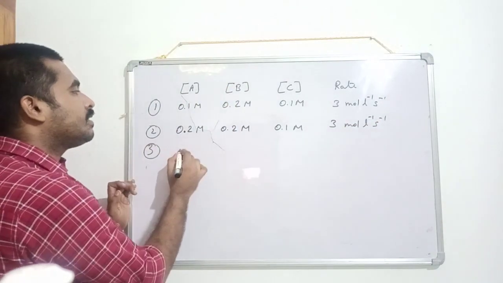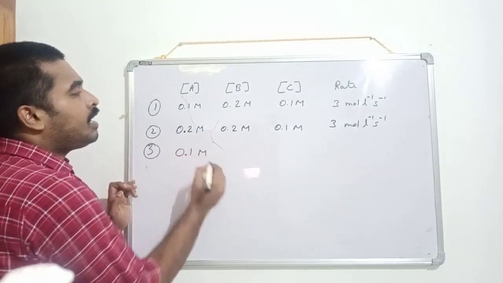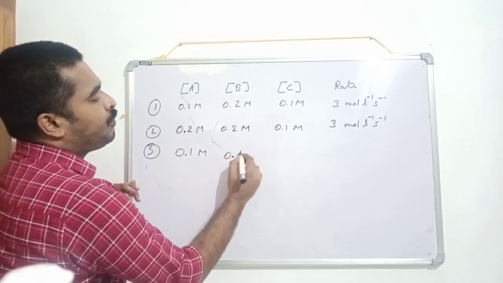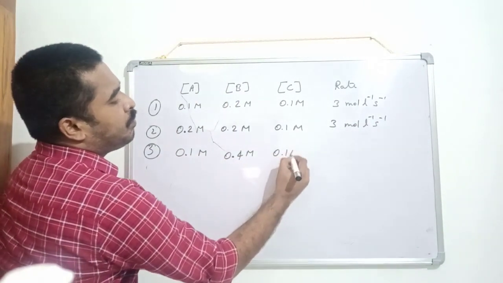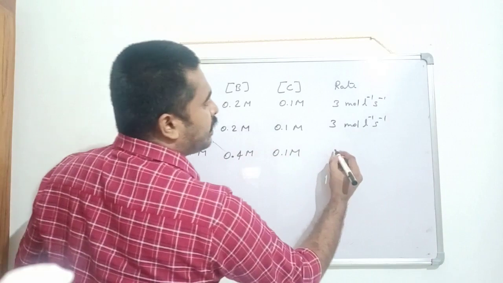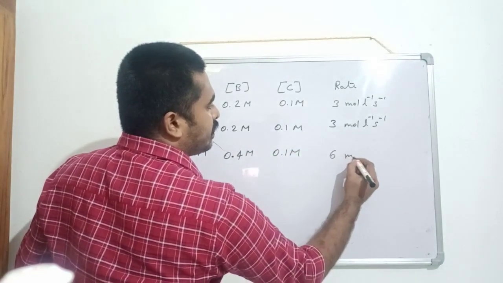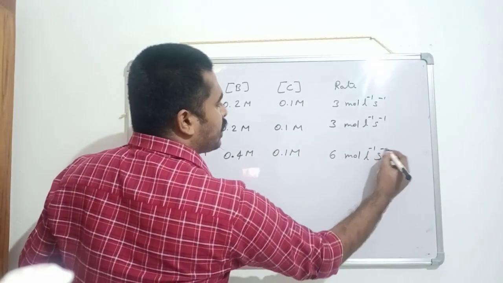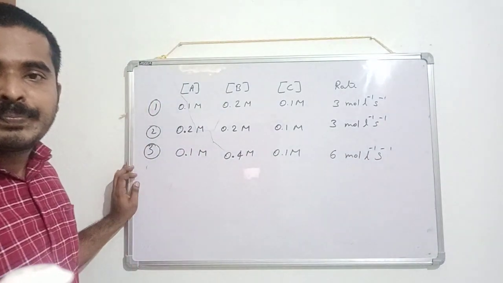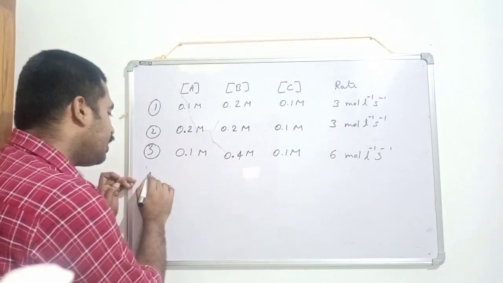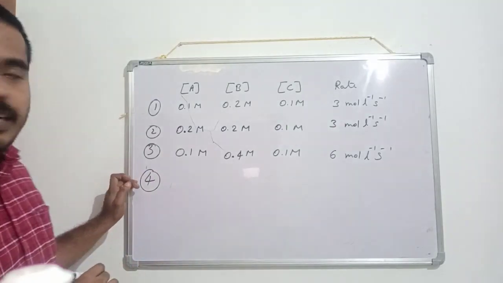Third trial, it is 0.1 molar, 0.4 molar, 0.1 molar and this one is 6 mole liter raised to minus 1, second raised to minus 1. One more, last one, fourth trial.